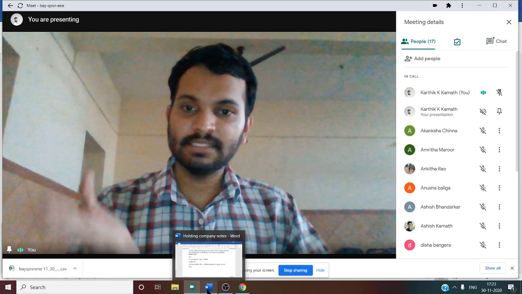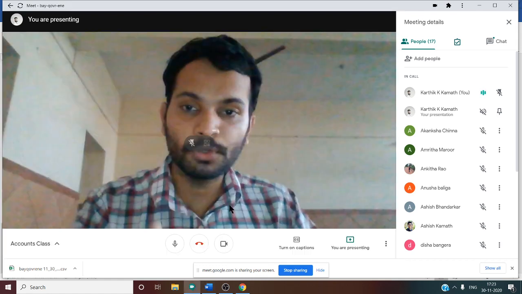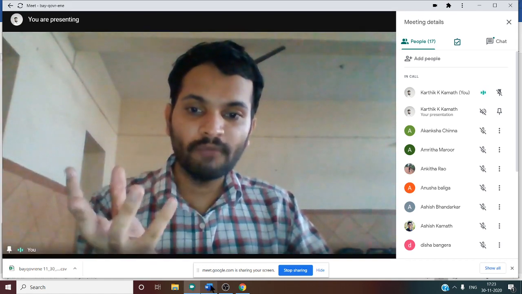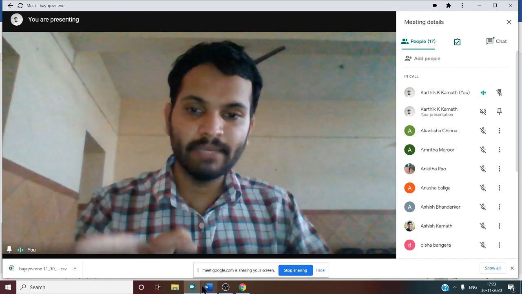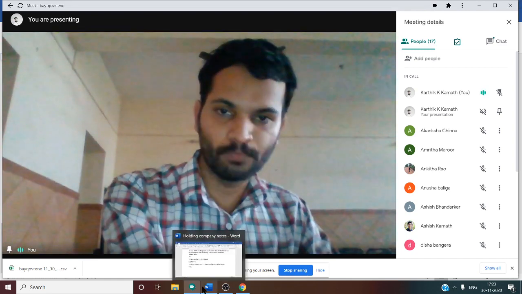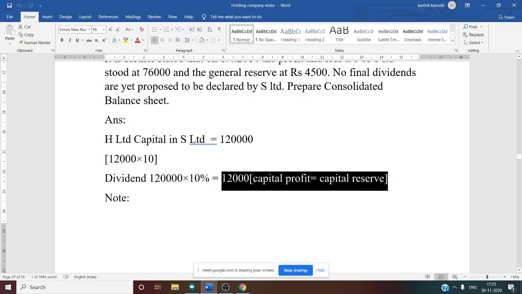That is why it becomes capital profit, a profit to the holding company. Then on that capital profit, as per Accounting Standard 21, capital profit is equal to capital reserve. So we have to take this interim dividend as capital reserve. So this is calculation number 1.